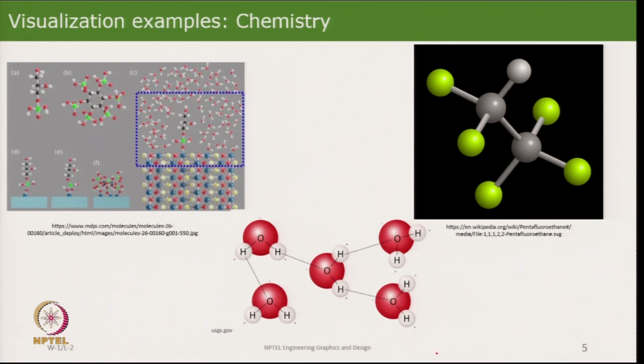So, there are 3 examples here. The one on the right side here is pentafluoroethane. So, this you will know is a refrigerant.